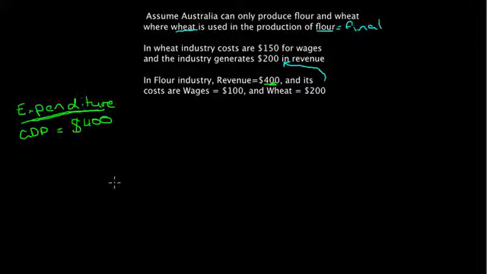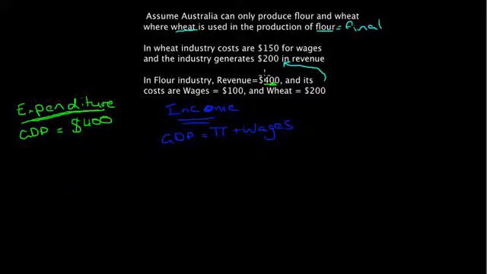Okay, now, our next method was the income method. It's a little bit more involved, but our basic definition of the income method was that GDP equals the profits, which we use the symbol pi for, plus the wages. Now in the wheat industry, what are the profits?